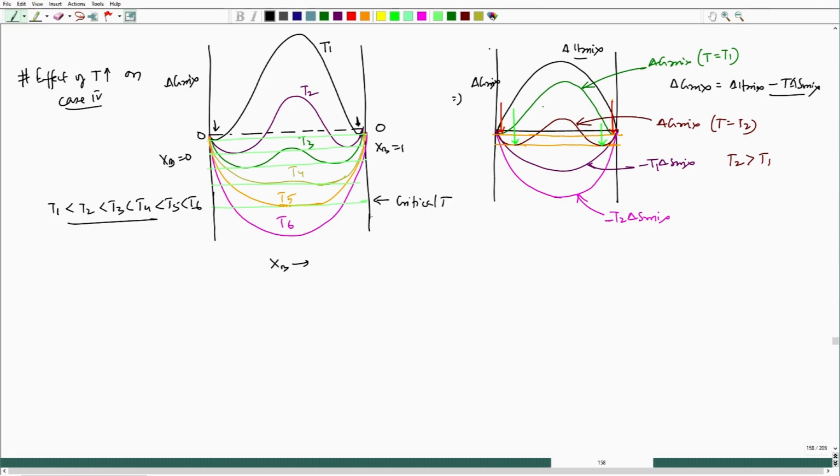So, we see that as the composition varies, let me say that this particular thing is drawn at a temperature which is less than all those temperatures starting from T1 to T6. Let us say they are below TMA, below TMB.